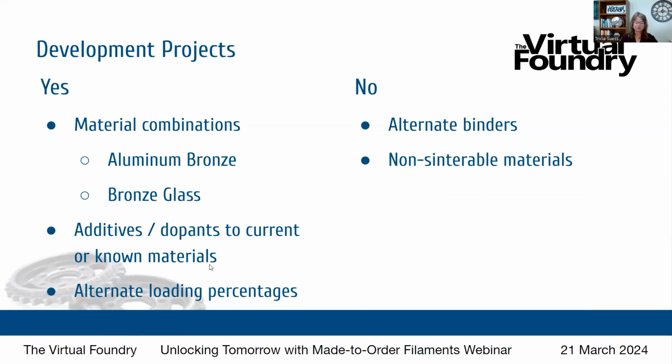Material combinations fall in this category, although it's dependent on the materials. The development project in that case may not be priced too much differently than a standard custom run. We talked about how material combinations would work, what considerations need to be factored in where sintering is concerned. As far as manufacturing the filament, combining materials is a fairly straightforward process.